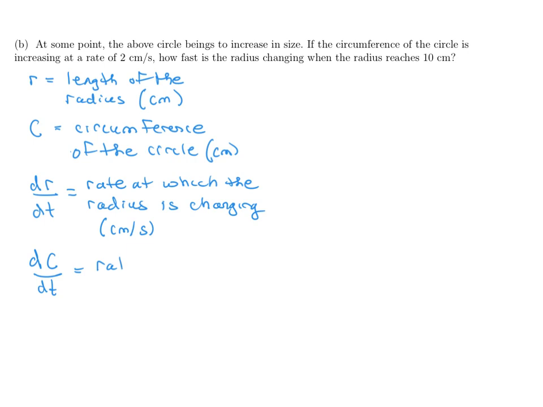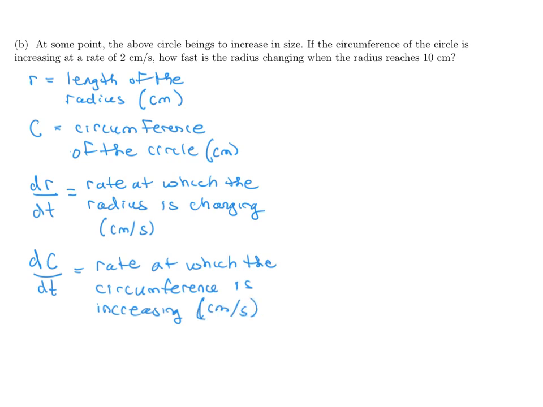This is the rate at which the circumference is, in this case, stated to be increasing. And I know it's going to be centimeters per second based on the units in the problem. So we're given here that dC dt is equal to 2, so 2 centimeters per second. And it's positive because the variable C itself is increasing.